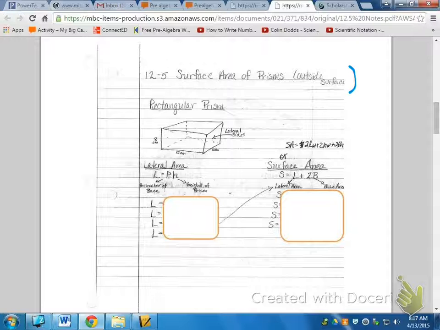Some of the definitions that we have already talked about that are going to be really important: the lateral sides. The lateral sides are the sides around the shape, okay? The top and bottom on a rectangular prism, we're going to call those the bases.